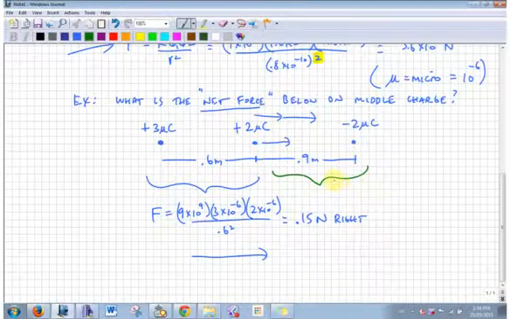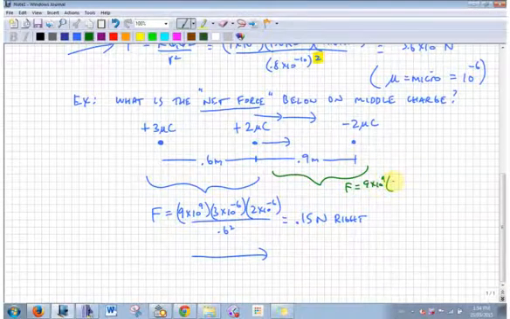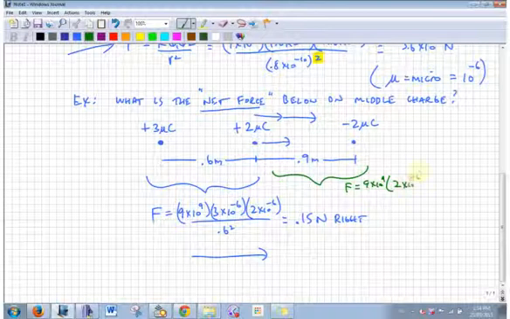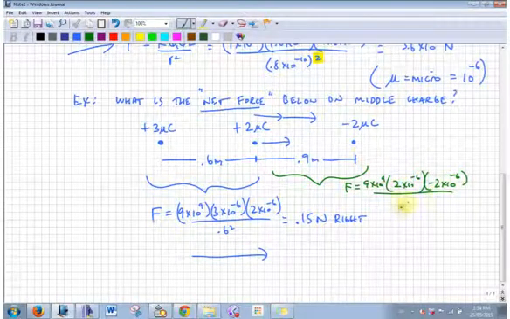These 2 charges. I know F is K, this one times that one. So here, that one's going to be negative, which implies it's left if you want to think that way.